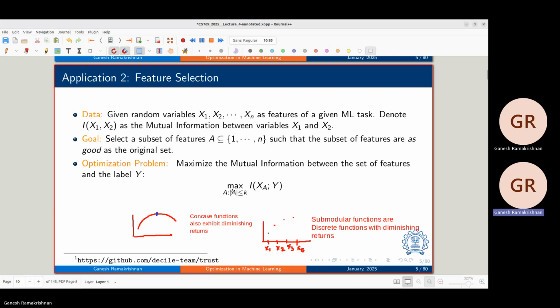But the good thing about some function like mutual information, coming back to the optimization formulation here, is that it is a kind of submodular function, which is a concave-like function in a discrete space. Concave functions have diminishing returns, they exhibit a max.